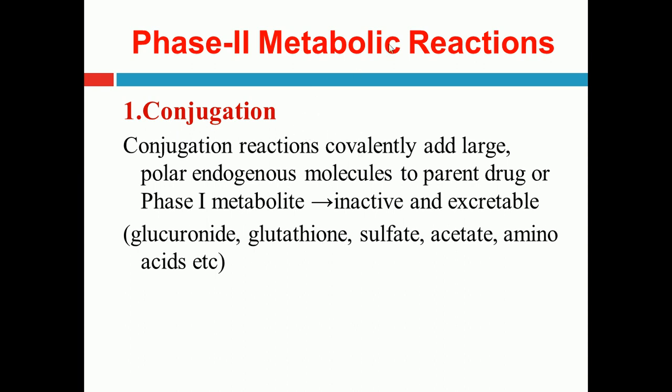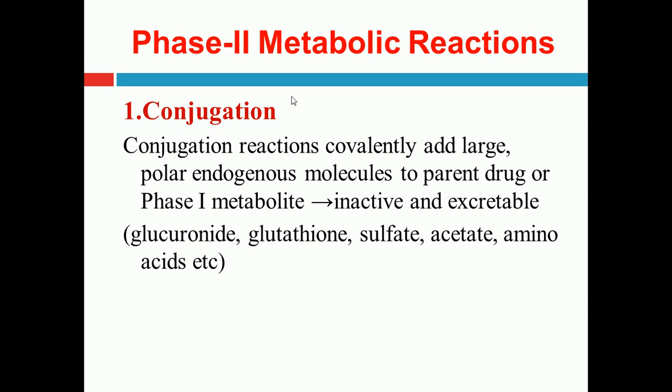They will be joined by covalent bonds. These are large and polar. So anything that is polar and is attached to a drug molecule will make the drug molecule polar.